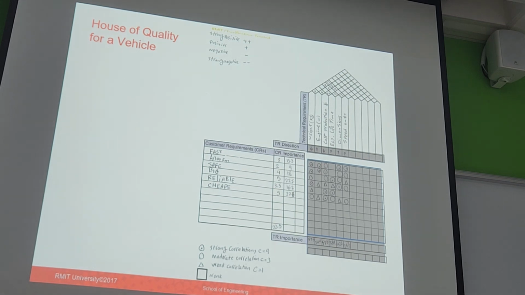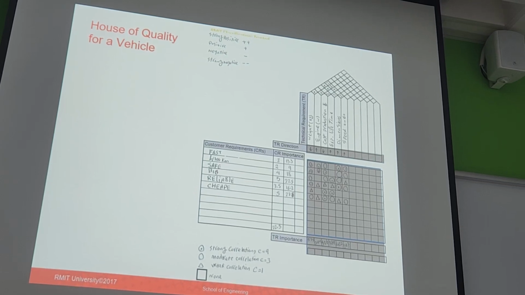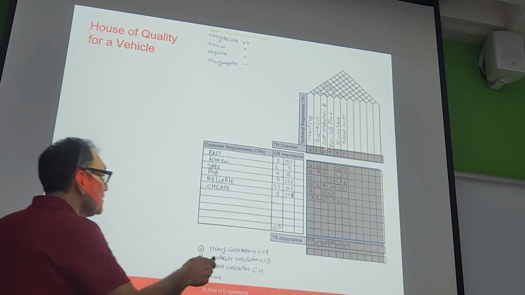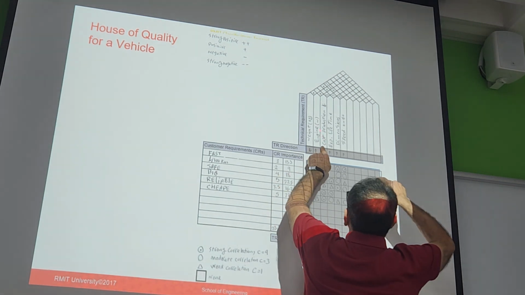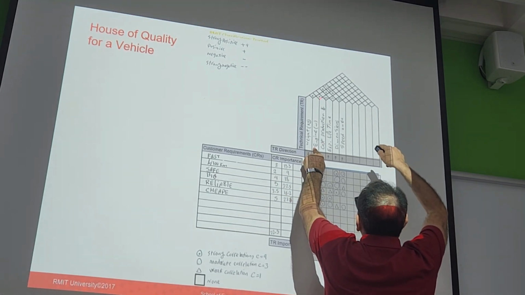It is my technical opinion. Maybe your technical opinion is a little bit different. Completely, it is not completely correct. As a technical matter, between the engine and the cost, the correlation is positive.